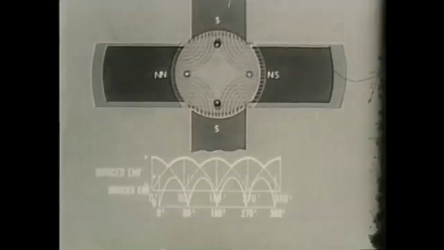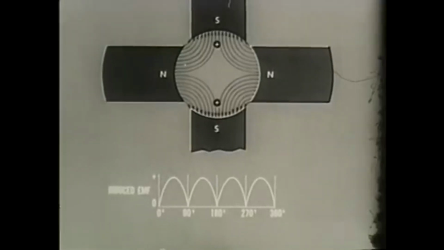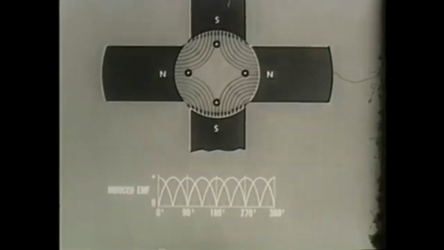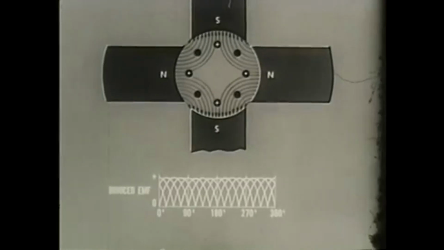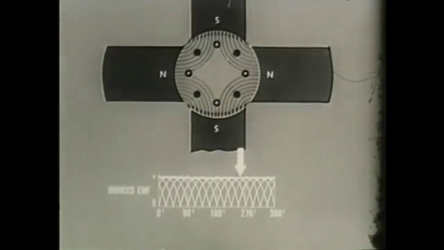By adding magnets, we increase the number of fields cut by the armature. As we increase the number of loops and commutator segments, the variation between maximum and minimum value decreases. This, in effect, tends to flatten the DC output.